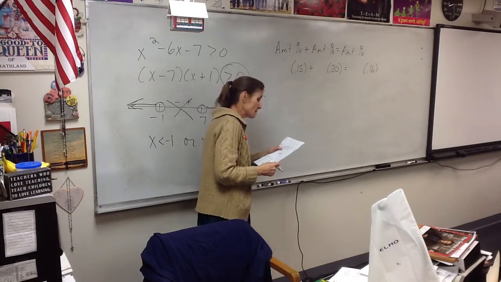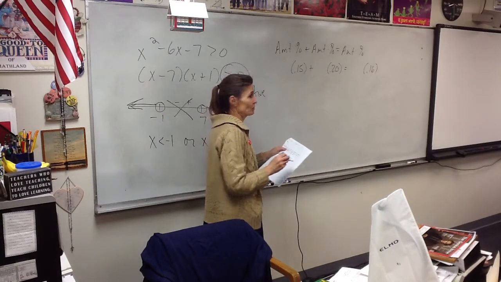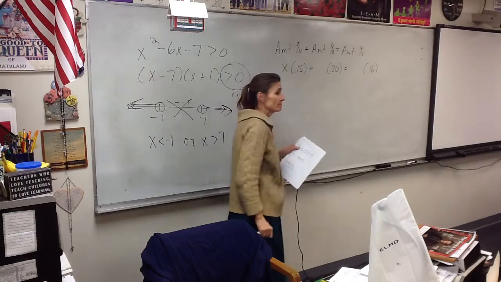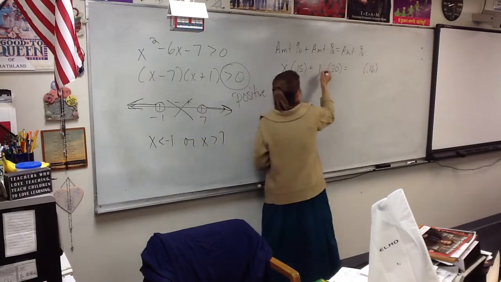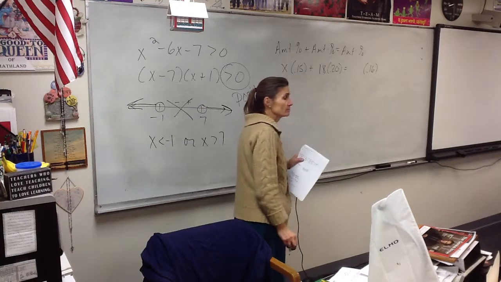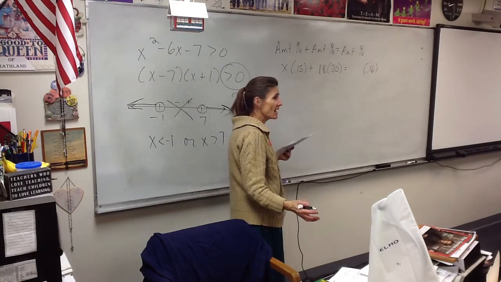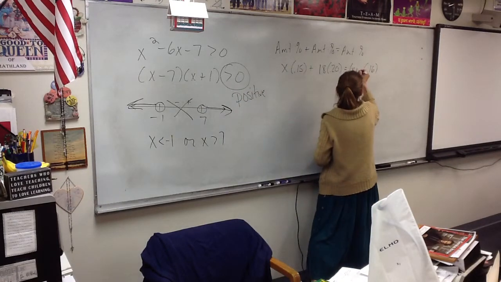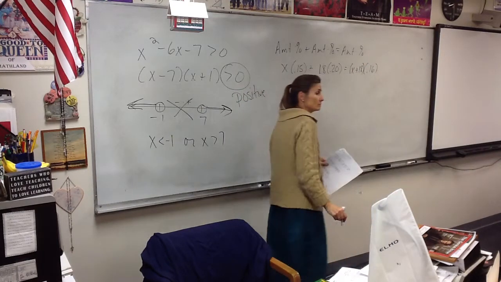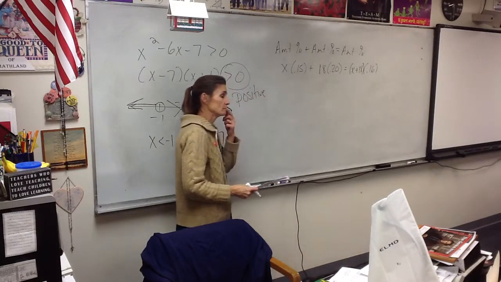Now let's fill in any amounts. How much? Well, that sounds like X to me, right? Should be mixed with 18 gallons. So how much am I going to have? If I mix X and 18, I'm going to have X plus 18, all right? Think about it.